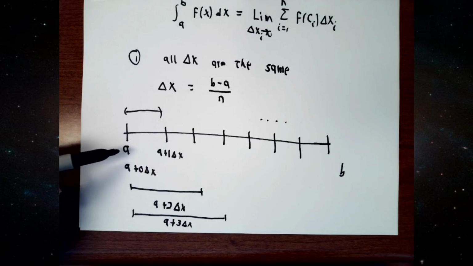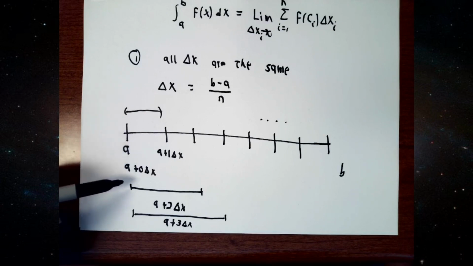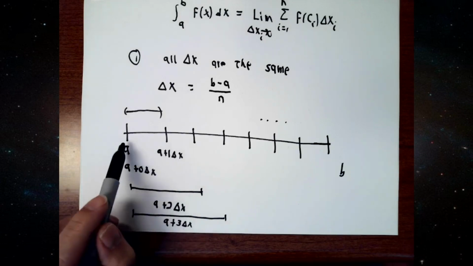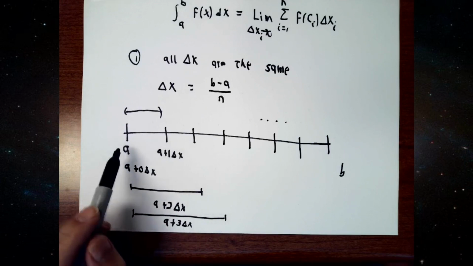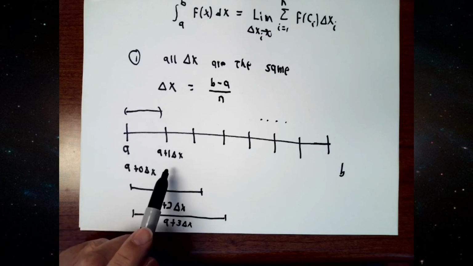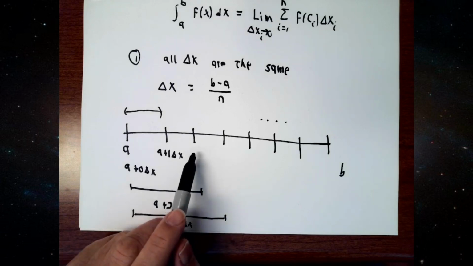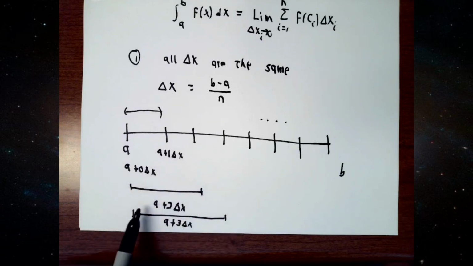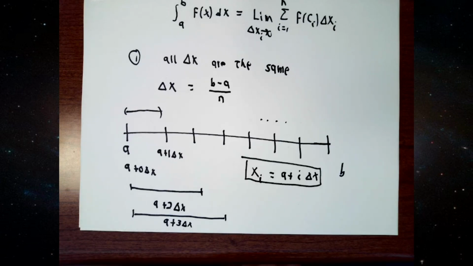x0, the left end of the interval, is a plus 0 times delta x. x1, which is delta x more than a, is a plus 1 times delta x. x2 is delta x more than that, so you would have a plus 2 delta x. x3 is a plus 3 delta x, and there's an obvious pattern to this. x number i is a plus i times delta x.